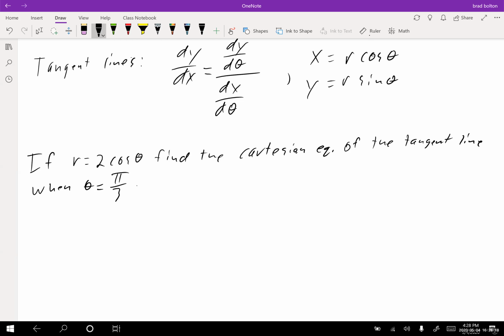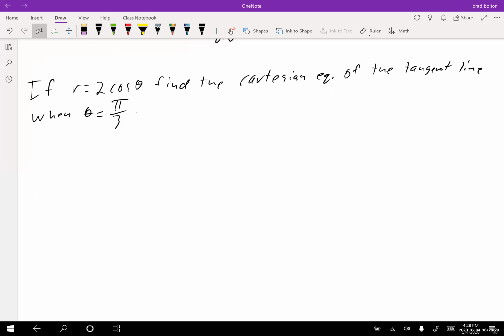Okay. So the first thing I'm going to do is put everything into x's and y's. So I have x equals r cosine theta. But this means if r is 2 cosine theta, then x is equal to 2 cosine theta times cosine theta, right? Because my r right here is 2 cosine theta.